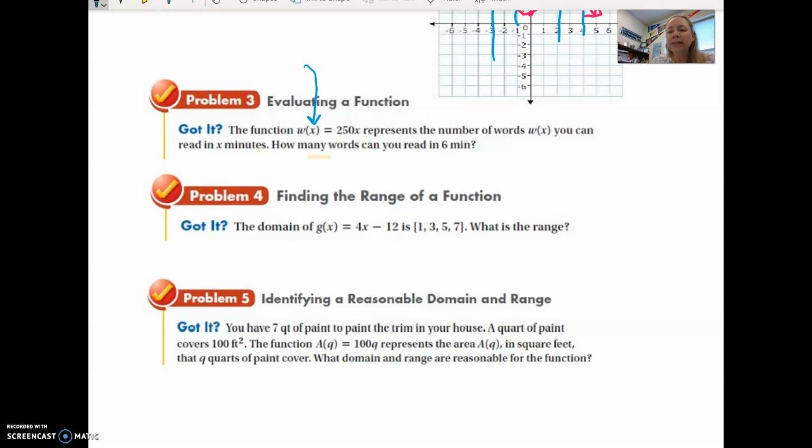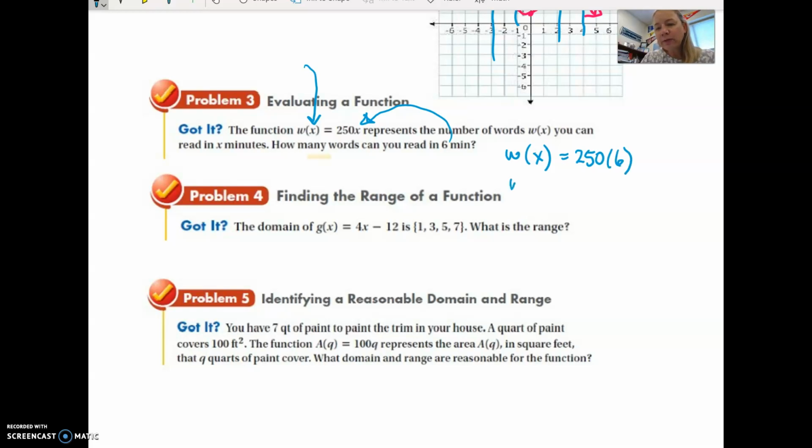So you're basically taking that, plugging it into the function rule or equation. So I would say, W of X is equal to 250 times 6.